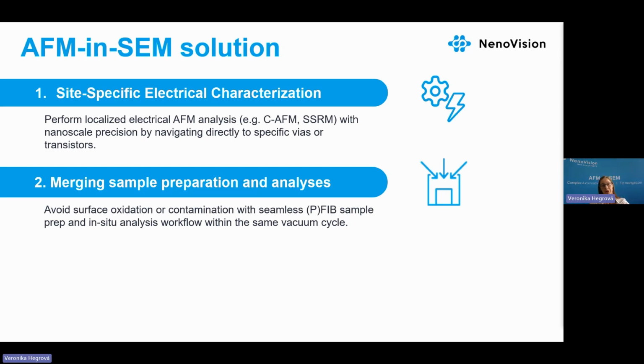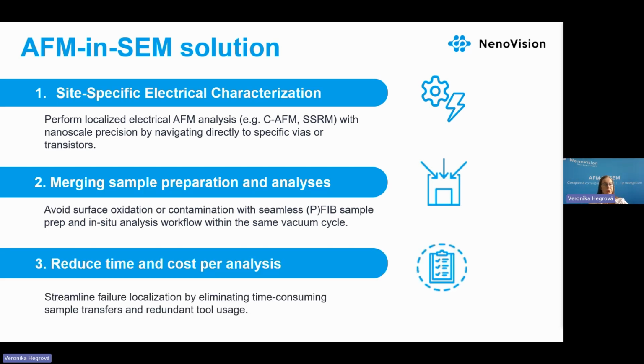So we are doing the whole procedure within the same vacuum cycle, which also reduces the time and cost per analysis, as we're not transferring the sample and we eliminate redundant tool usage.